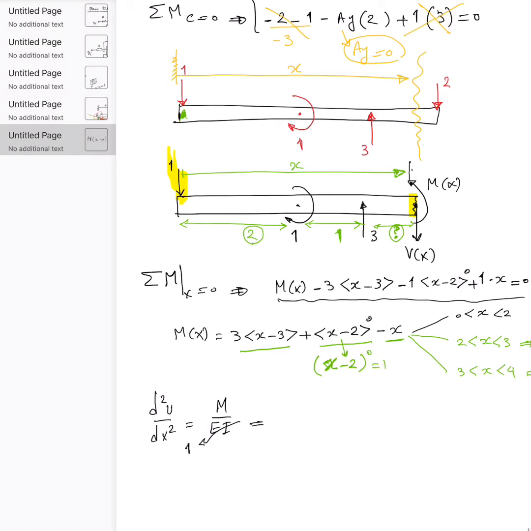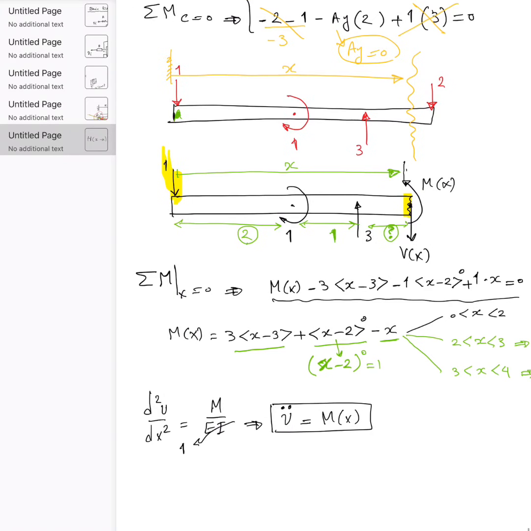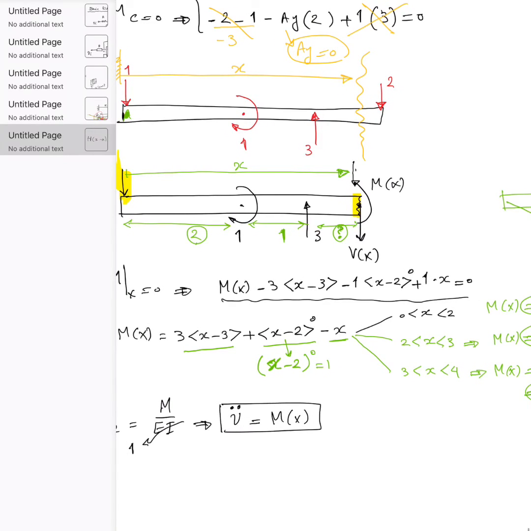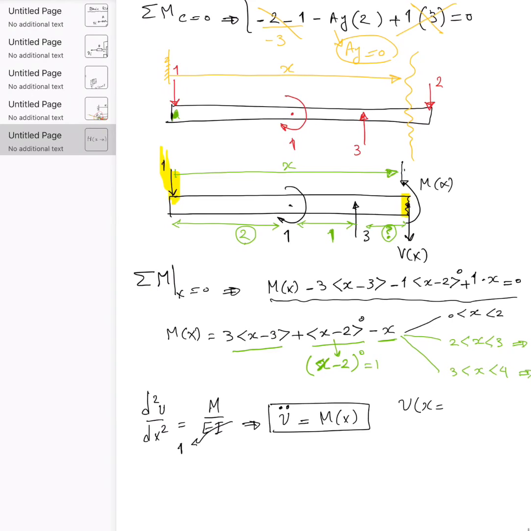And you simply have the second derivative, let's show it with a dot, which makes it quicker and simpler, equal to M of x. We need to solve this differential equation. But what are the boundary conditions? The boundary condition is the deflection at point x equal to 1.